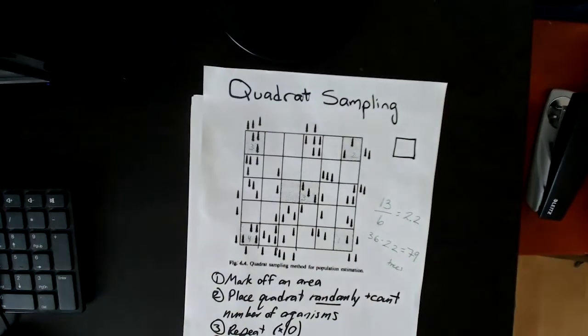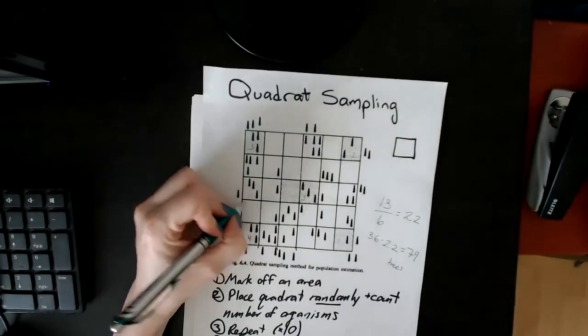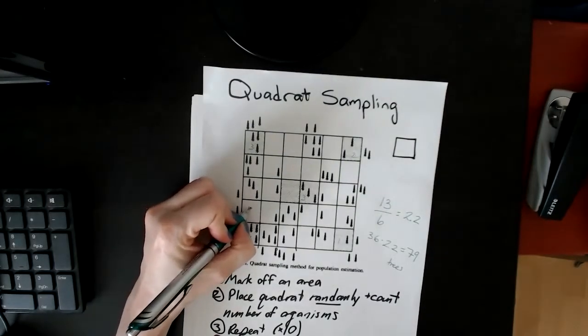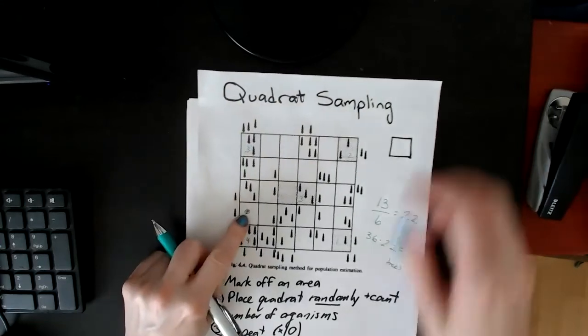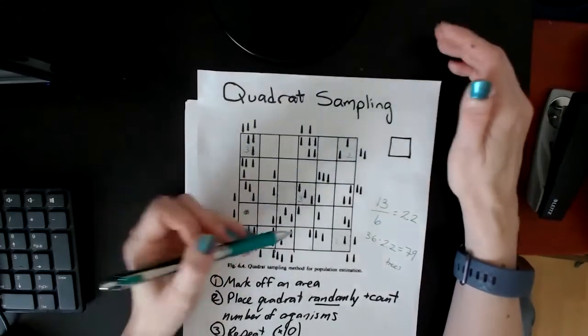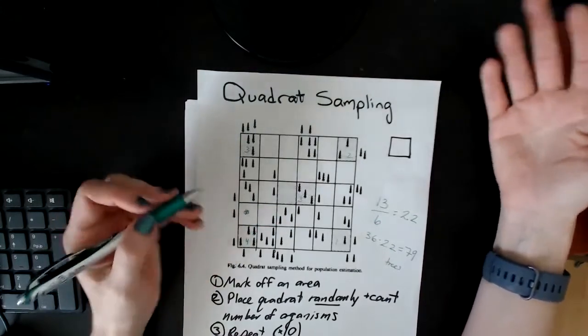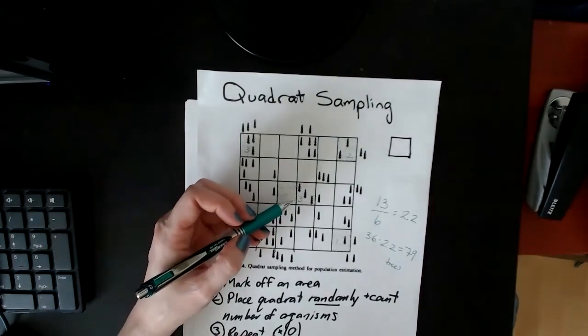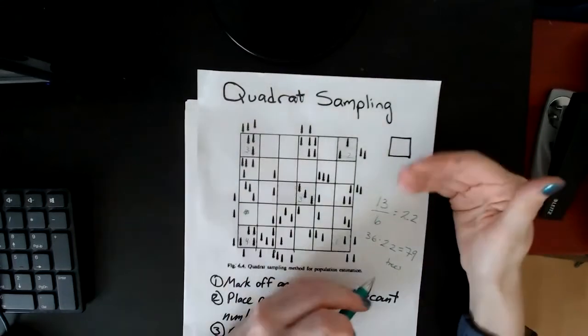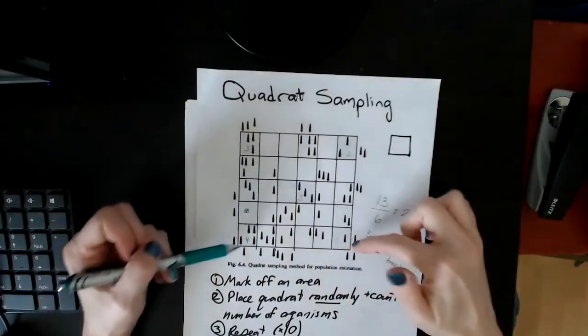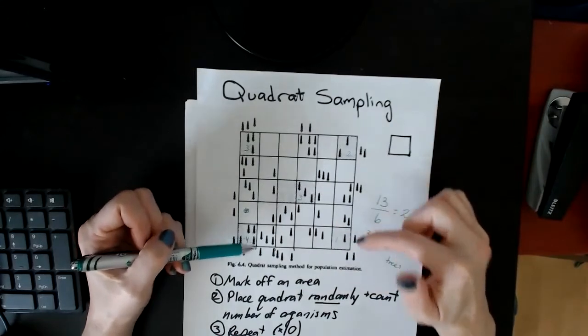For example, if I also wanted to look at the presence of butterflies, right? Oh God, I have to draw a butterfly. Okay. Every time I laid my quadrat down and counted trees, I would also count cocoons or something, butterflies or caterpillars or whatever. Then in all of these 6 areas, how many trees do I have?